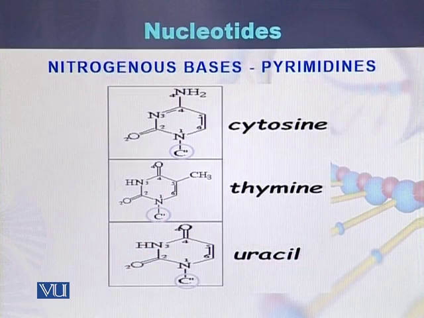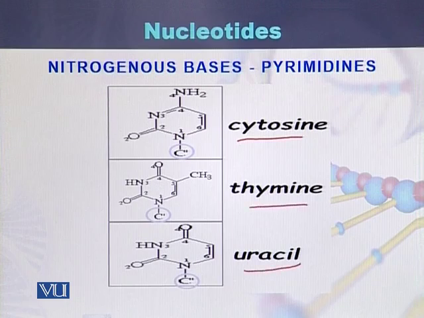In nucleotides, there are different types of nitrogenous bases: cytosine, thymine, and uracil. These are single ring nitrogenous bases and collectively they are called pyrimidines.